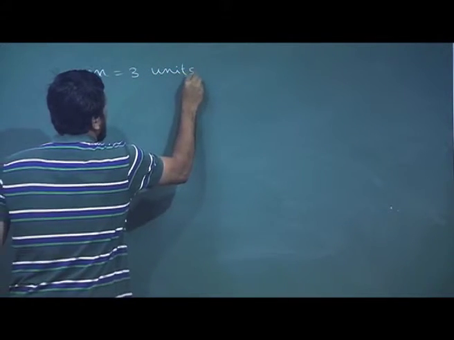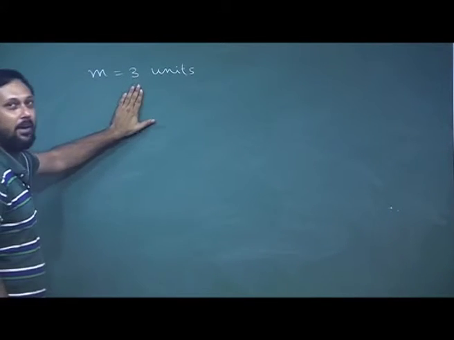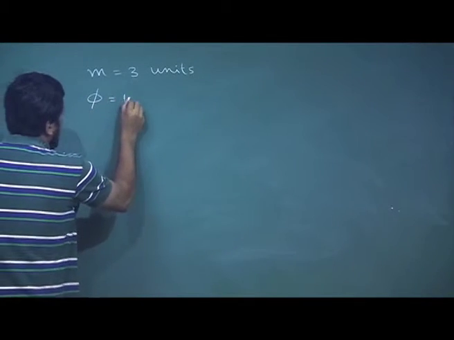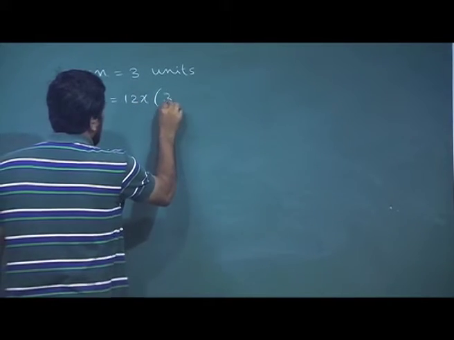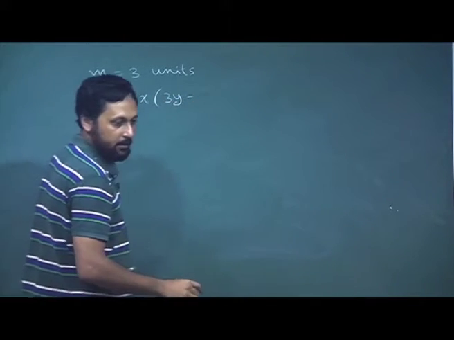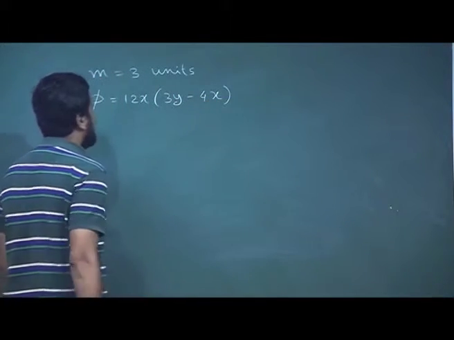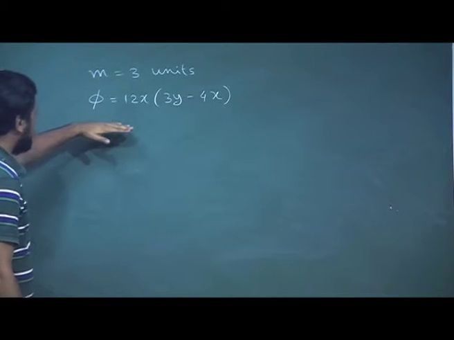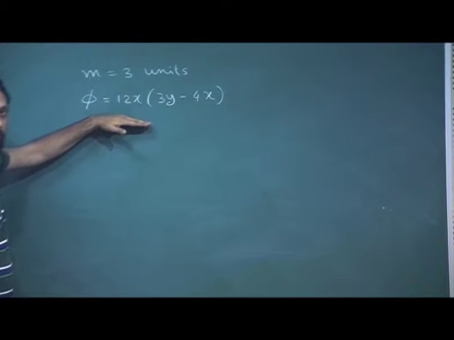Once again, no particular unit is specified, we are just keeping it as a dimensionless number. Phi is given as 12 x cubed y minus 4x. So, this is the potential under the influence of which the particle is moving in the xy plane.